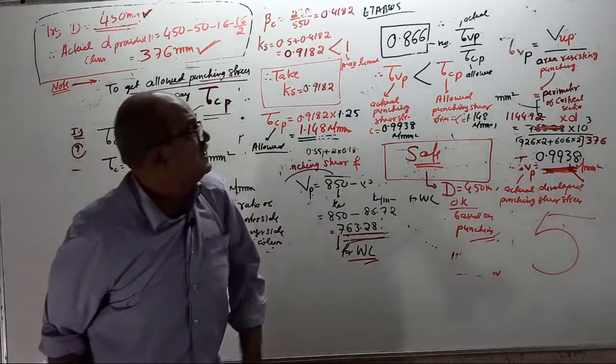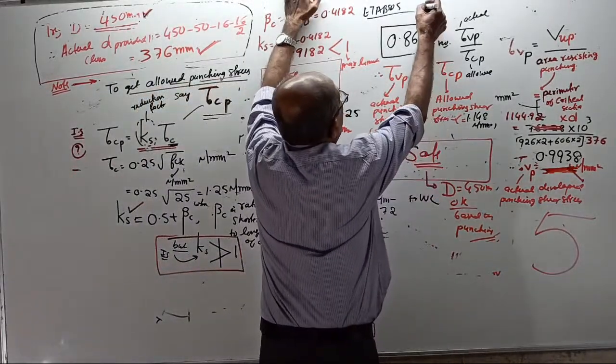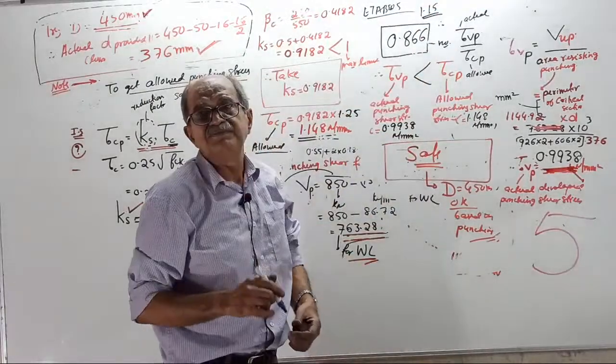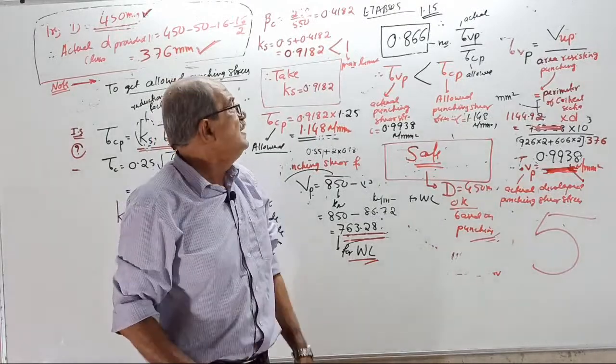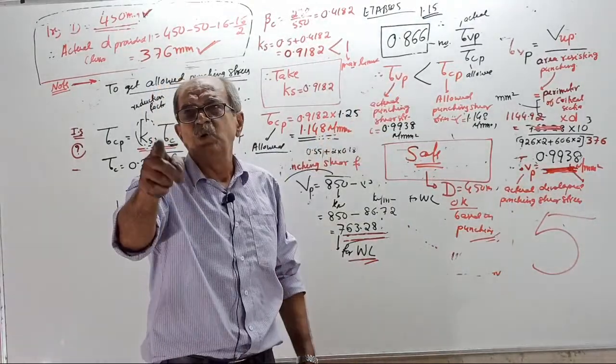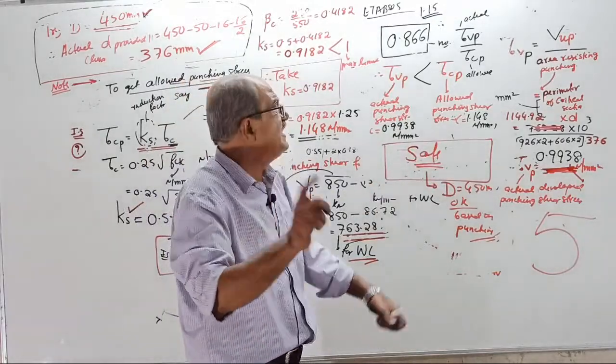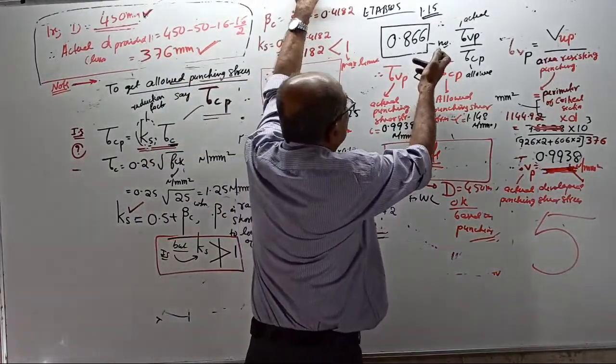Now, suppose that number comes to 1.15. Safe or unsafe? Those who are joining the software part are bound to ask at that time, sir, that is not clear for me.